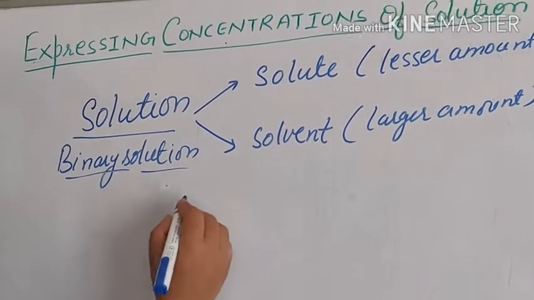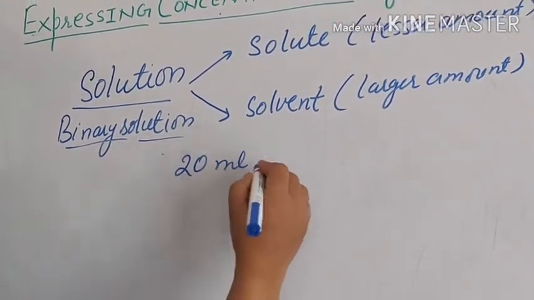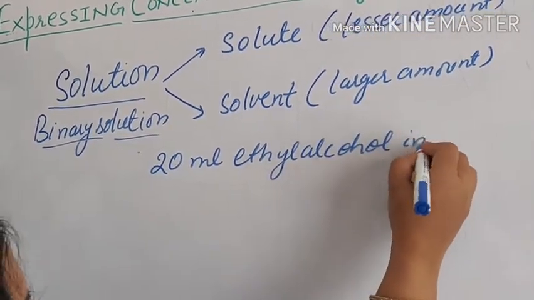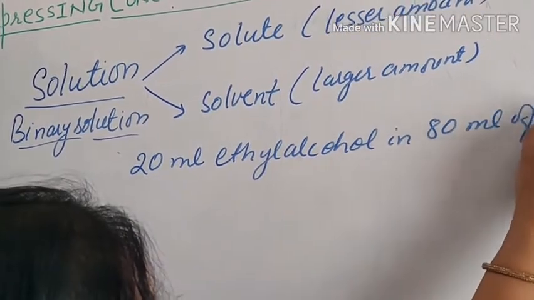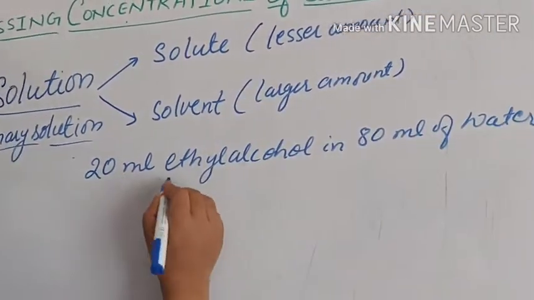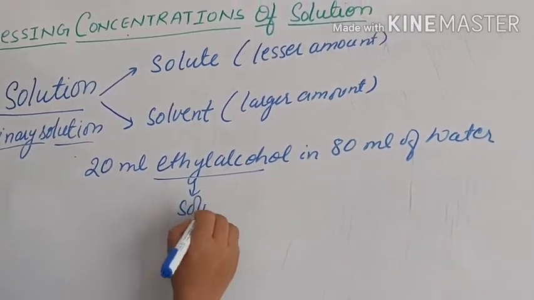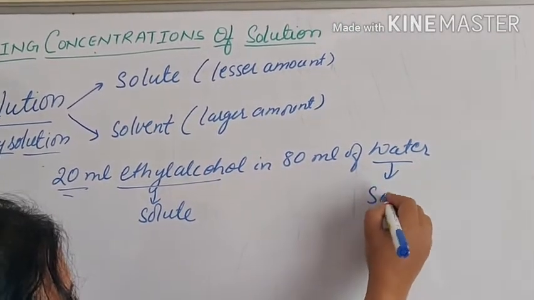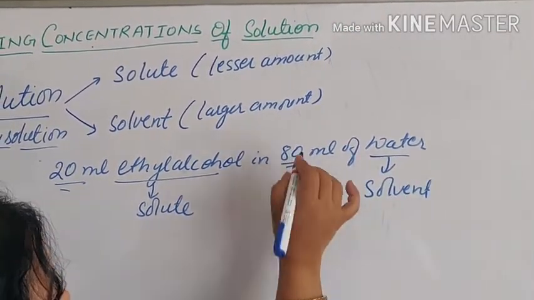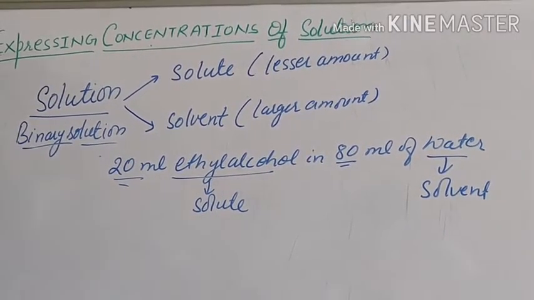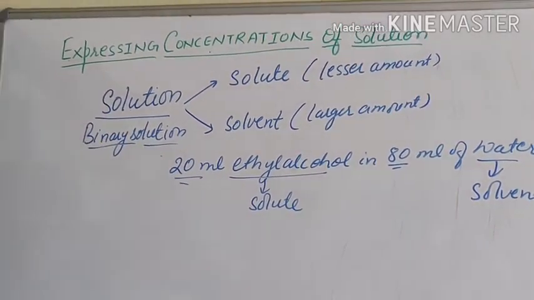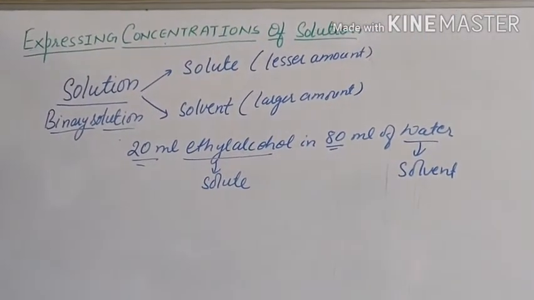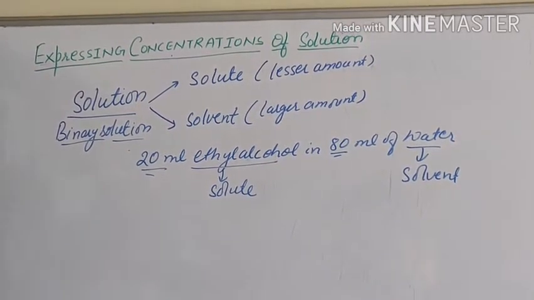For example, if we dissolve 20 milliliter of ethyl alcohol in 80 ml of water, then in that case ethyl alcohol is solute, present in lesser amount, 20 ml, and water will be the solvent, that is 80 ml, present in larger amount. So solute is that component of the solution which is present in lesser amount, and solvent is that component of the mixture which is present in larger amount.